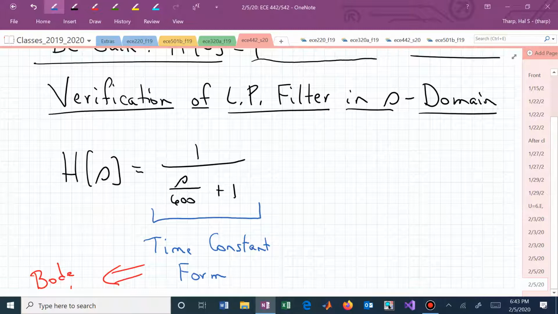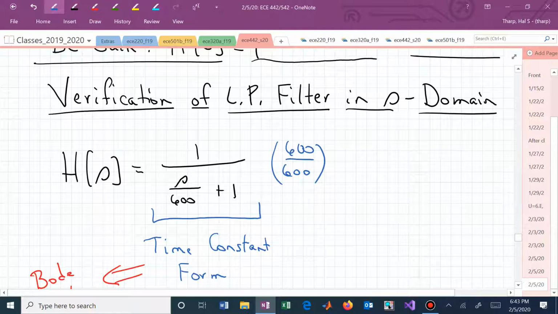Now to put this into pole zero form, we need to make sure that we have all of our factors, our pole factors and our zero factors, such that we can explicitly see where those poles and zeros are. We can produce that here. Boy, 1 is very useful, isn't it? We're using 1 all the time.